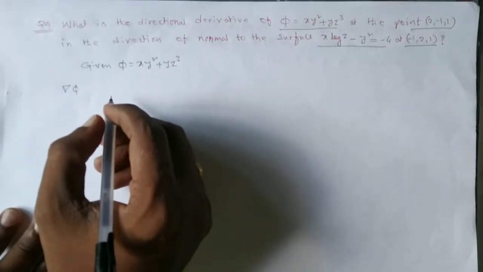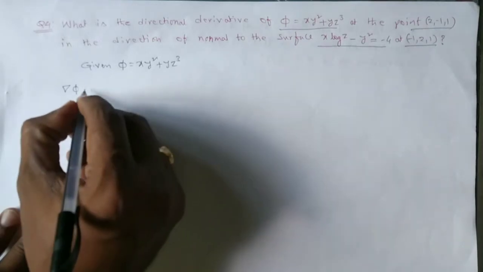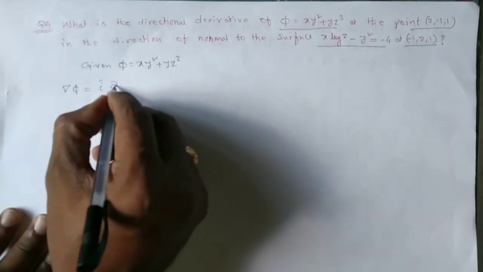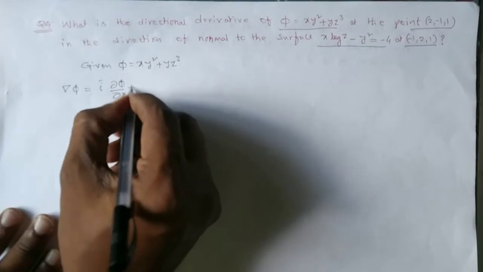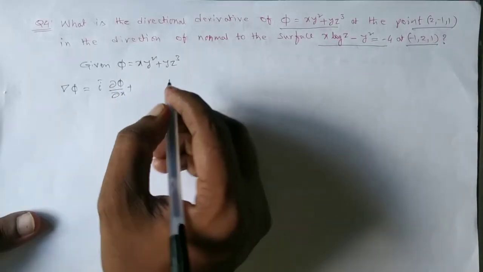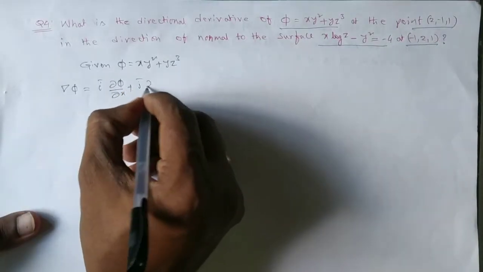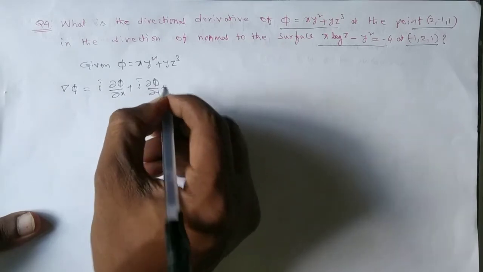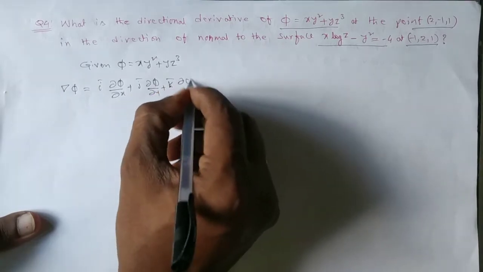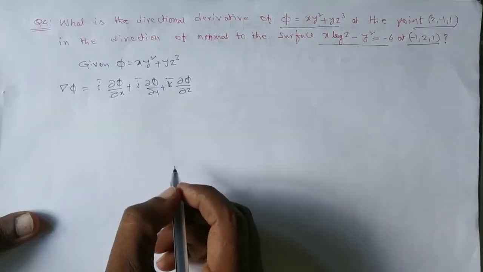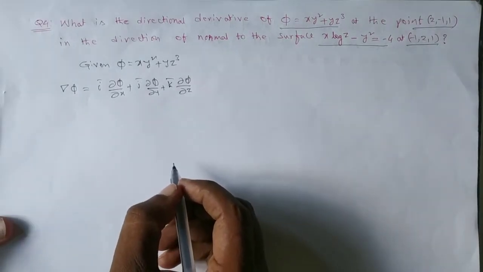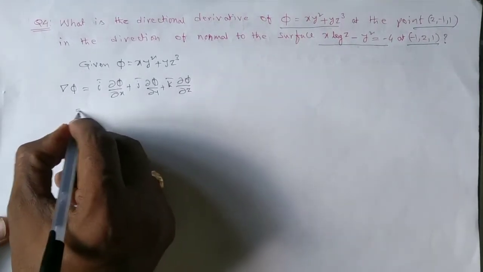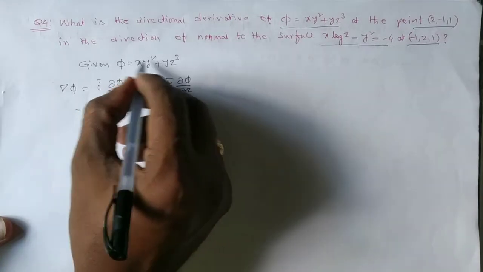For that I just calculate first gradient of phi, which is equal to i bar into dou phi by dou x plus j bar into dou phi by dou y plus k bar into dou phi by dou z, isn't it? Then this is equal to i bar into dou phi by dou x.